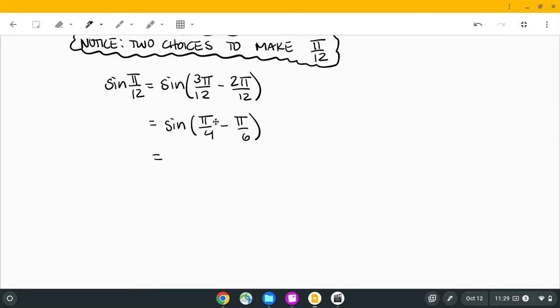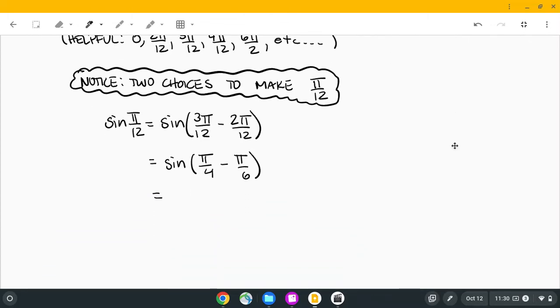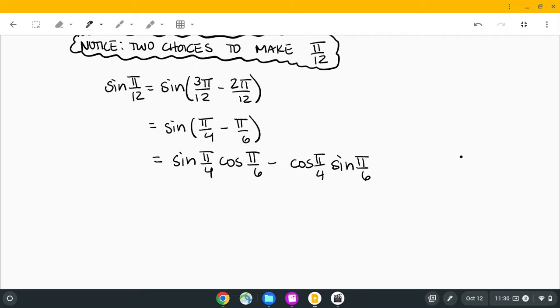So now I'm going to use my difference formula, this one right here. So it's going to be sine A cosine B minus cosine A sine B. All right, so this is going to be sine A cosine B minus cosine A sine B. All right, and so here, sine of pi over 4, that is something we have memorized, square root 2 over 2.